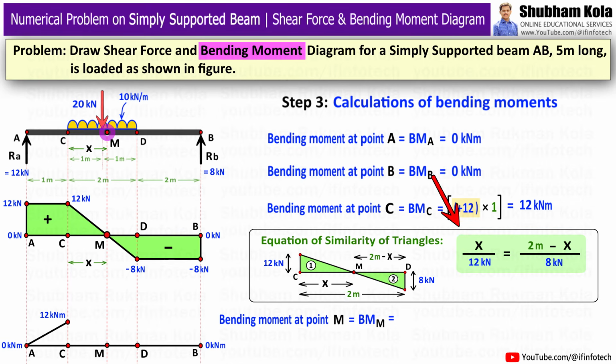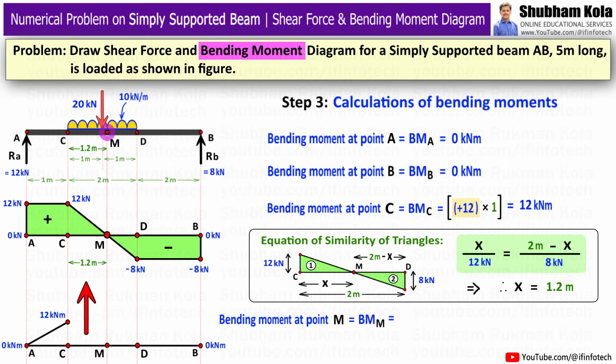Therefore, from similarity of triangles, the base of the first triangle, that is x, divided by the height of the first triangle, which is 12, is equal to the base of the second triangle, that is 2 minus x, divided by the height of the second triangle, which is 8. So here the unknown term is x. Therefore, after calculating, we get the distance x equal to 1.2 meter. So here I got the location of point M.